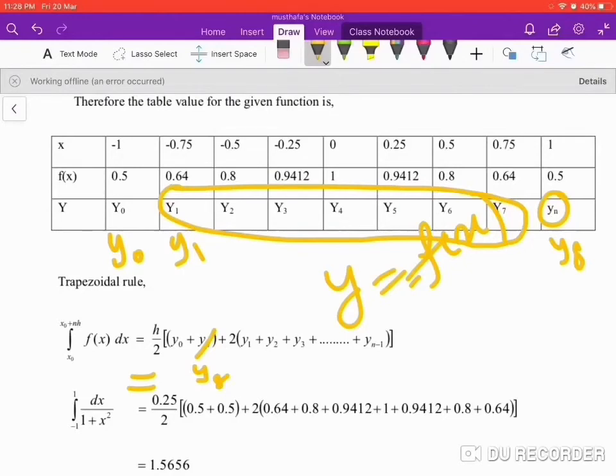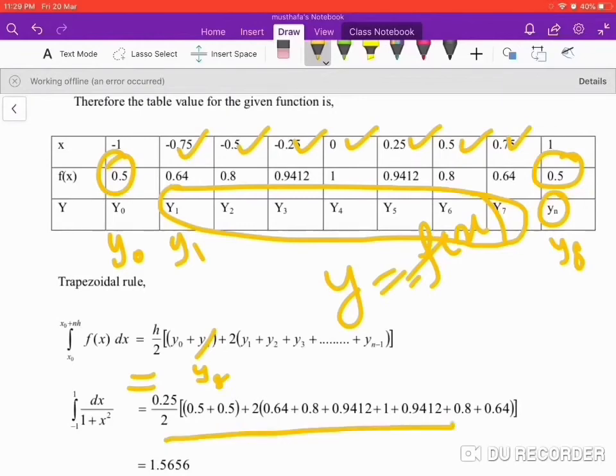So this is your y0 value 0.5, and this is your yn value, the y8 value 0.5, plus 2 times y1, y2, y3, y4, y5, y6, and y7. On simplifying, this expression leads to the value of 1.5656, which is the numerical value for the given integral from -1 to +1 of dx over 1 plus x square.